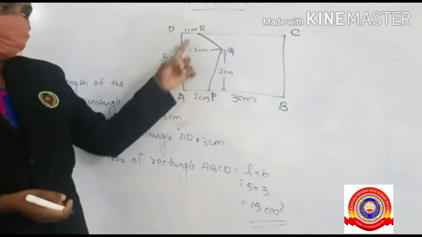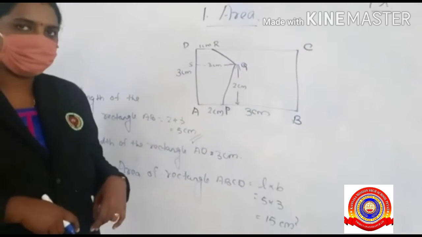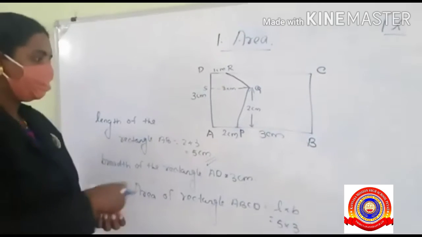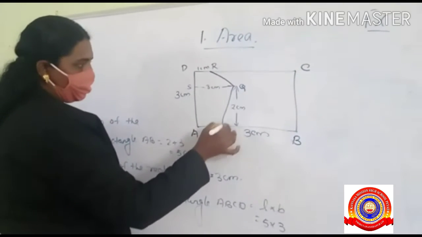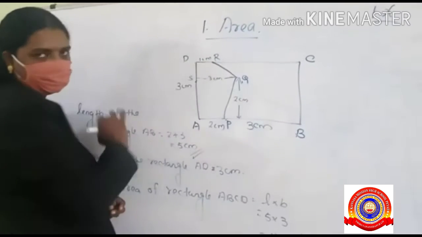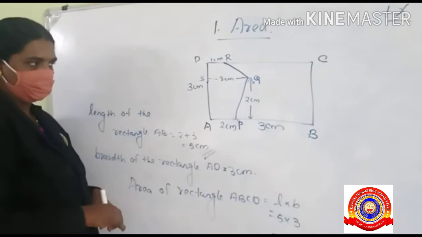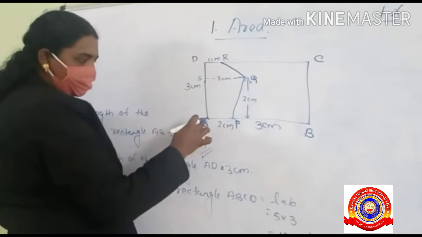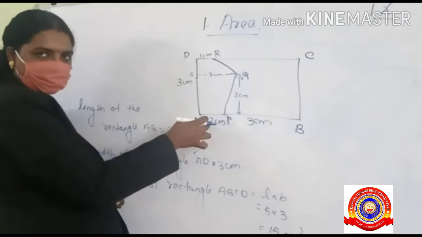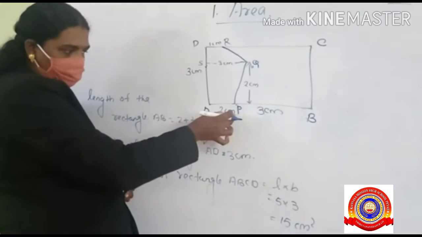Next, join SQ. We got two trapeziums. Here APQS and SQRD are two trapeziums. We have to calculate the area of first trapezium APQS.